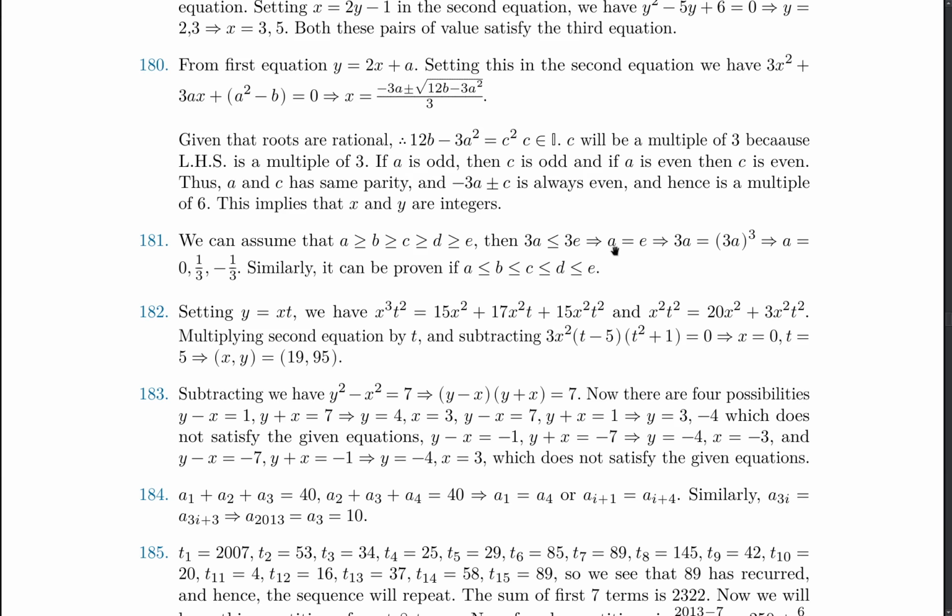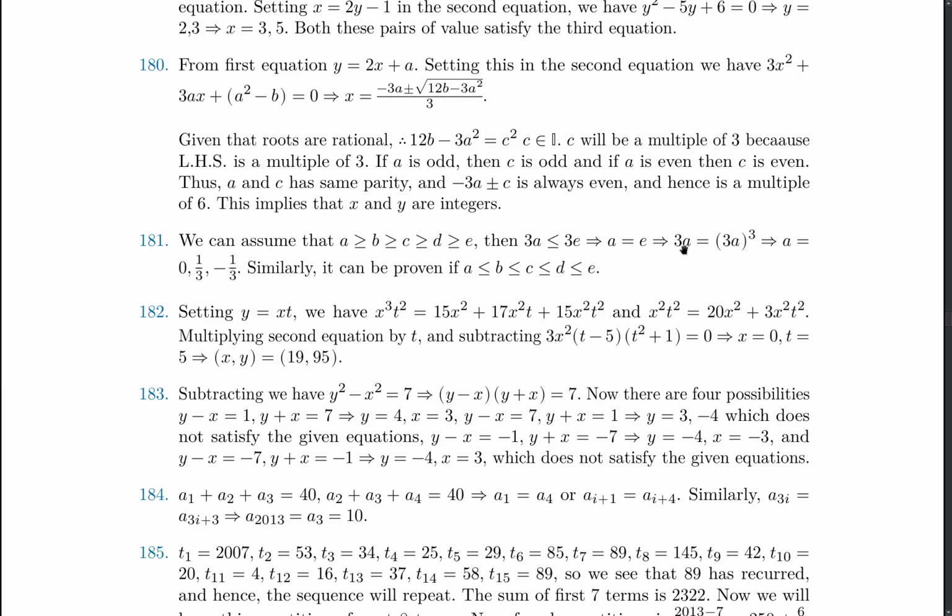So we assume that equality holds, a = e. So now the equation becomes 3a = (3a)^3. So essentially we are assuming a = b = c = d = e. That is the meaning of this.